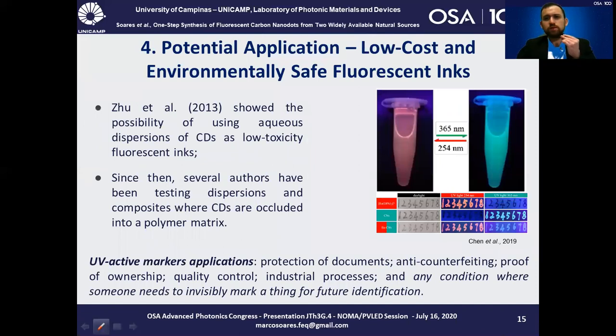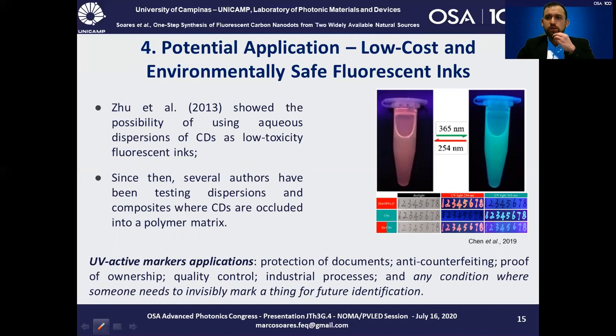These materials present a lot of potential applications, for example, low-cost, environmentally safe fluorescent inks, since the group of Zhu showed the possibility of using aqueous dispersions of CDs as low-toxicity fluorescent inks. Several authors have been testing dispersions and composites where CDs are put into a polymer matrix.